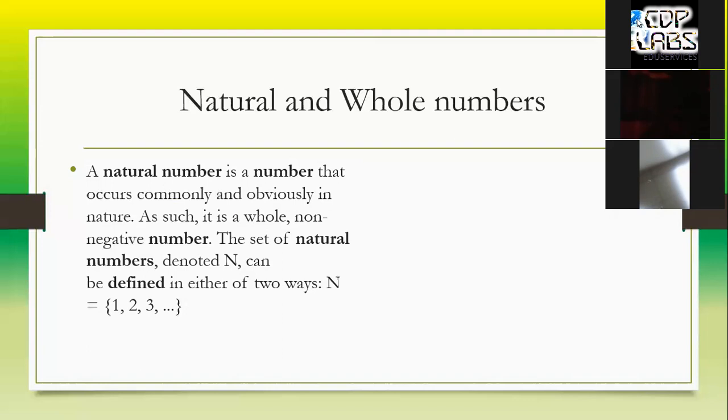The set of natural numbers can be denoted, and denoted means named, with the letter N. So when you see the letter N in mathematics, they are referring to natural numbers. Is that clear? Make note of that.